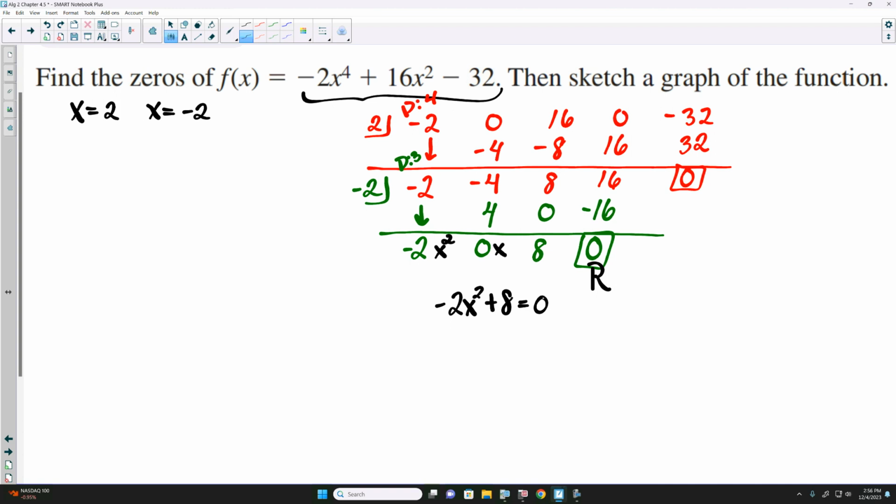And the reason that all of this is helpful is graphing it told us 2 of the solutions, so that we were able to take it from negative 2x to the 4th plus 16x squared minus 32 down to negative 2x squared plus 8. It took it from something that we really didn't have too many ways to factor or solve down to something we could.